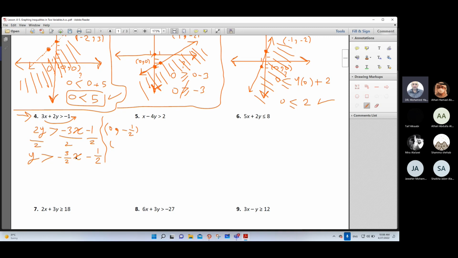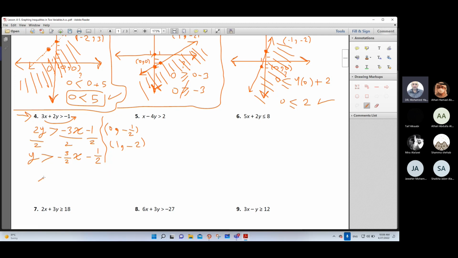If you choose, for example, the value of x as 1, it will be negative 3 over 2, negative 1 over 2. Negative 3 plus negative 1 will be negative 4. Negative 4 over 2 will be negative 2.